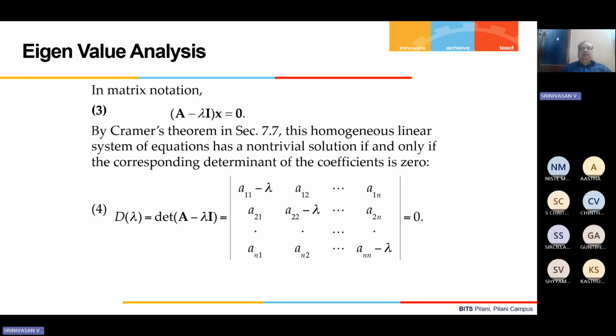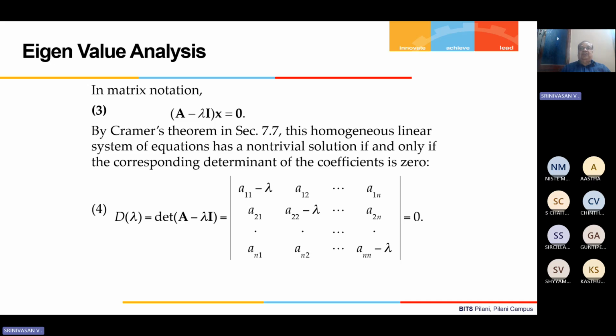When there is a matrix equation of the form Ax equal to 0, homogeneous since the right-hand side is 0, it has a non-trivial solution, that is x not equal to 0, only when the determinant of the coefficients vanishes.